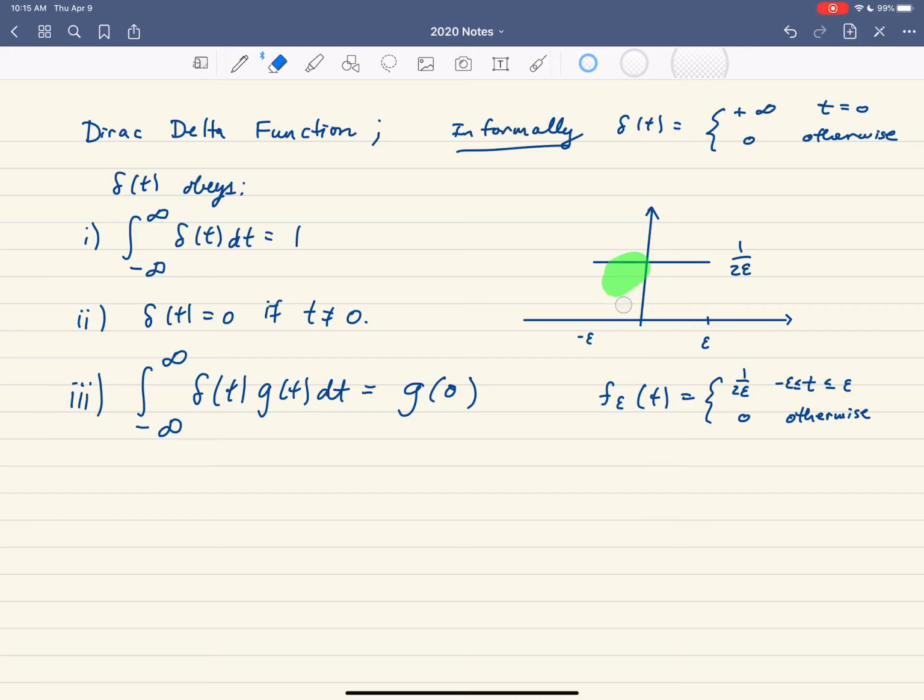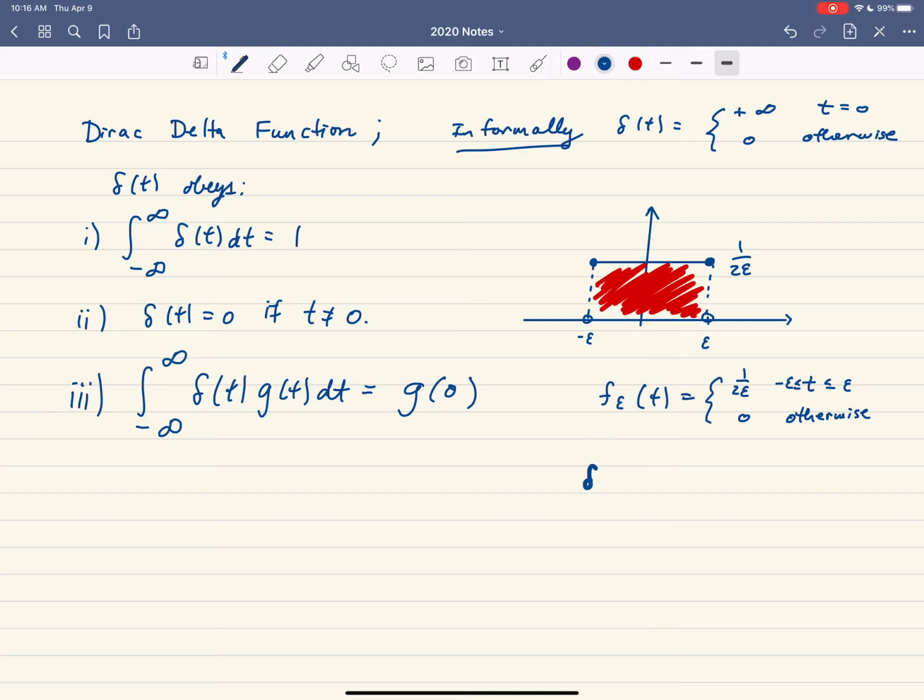If I wanted to be super careful about my drawing, I should really draw it like this. The dotted lines are not part of the function, they're just to help us think about our drawing. And we're still trying to find this area underneath, that area being 1.